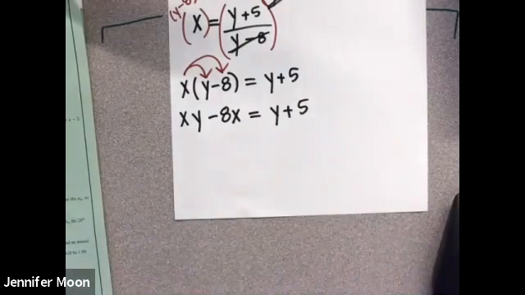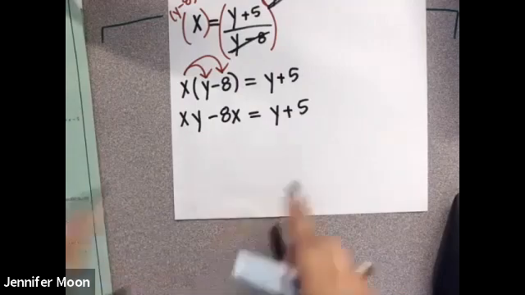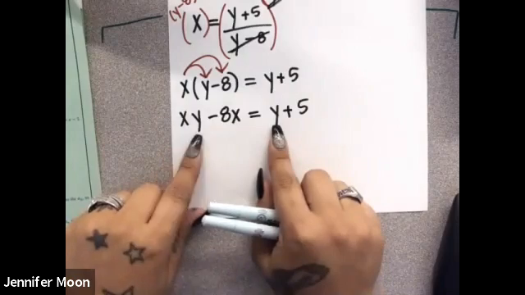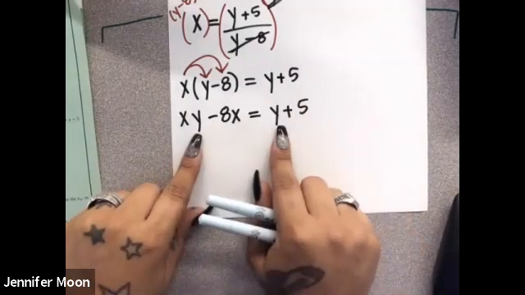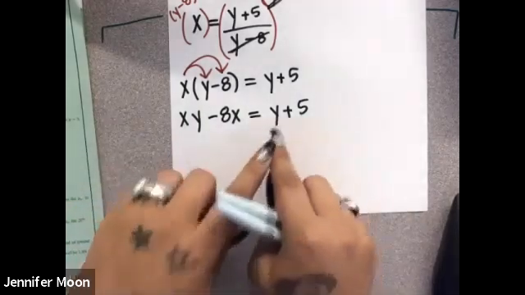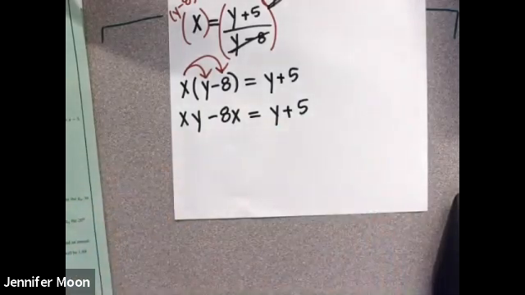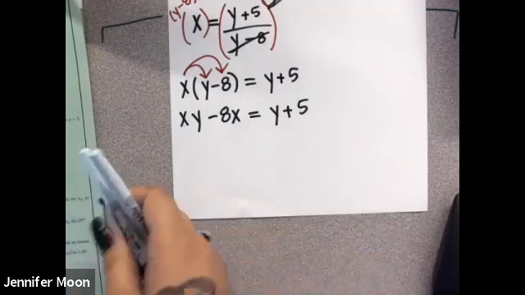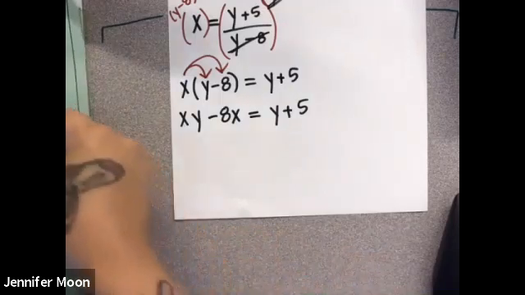Just like when you're trying to solve any equation, you want to isolate the variable that you're solving for. Isolate means getting it alone, right? So the only way, if I have a y on the left and I have a y on the right, that I'm going to get them alone is to put them together. So I want to put my y's on one side and I want to put my x's on the other. That's a very important step to solve this correctly, okay?